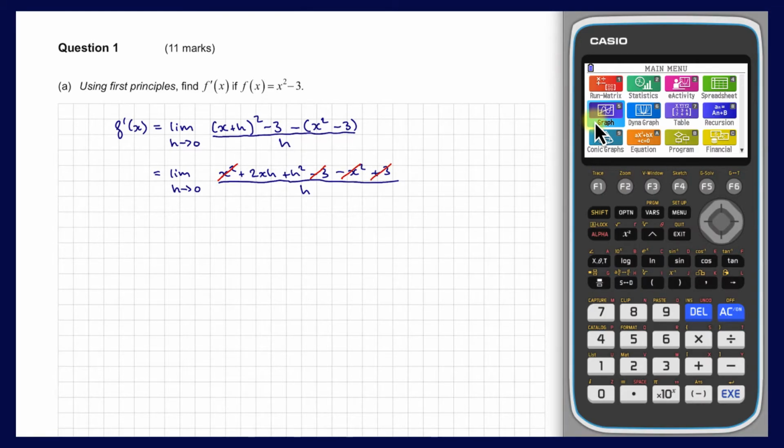Now I'm going to take out h as a common factor of the numerator. With the common factor of h cancelled, the limit as h tends to 0 can be evaluated, giving us a function f dash x equals 2x, which is what we'd expect to see.